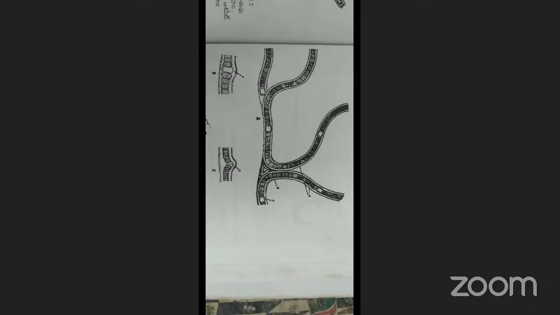Okay, another one is Scytonema. Here is its classification. The phylum is Cyanobacteria, the class is Cyanophyceae, the order is Nostocales, the family is Scytonemataceae, and the genus is Scytonema.